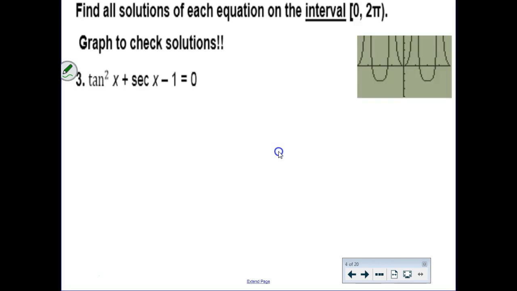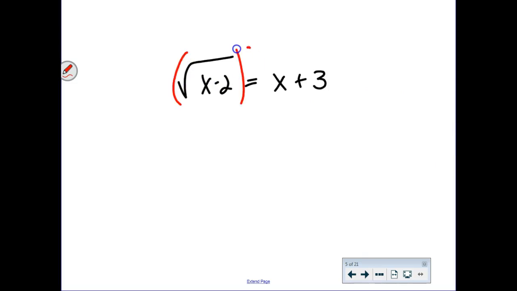Okay, so there's a little warning on this question where it says graph to check your solutions. Sometimes we manipulate the equation and we create extraneous solutions. When you used to solve a question like this in Algebra 2 or even in Pre-Calc, we'd have you square both sides, and then this one was easy, this one you had to FOIL out, and you ended up with a quadratic polynomial.